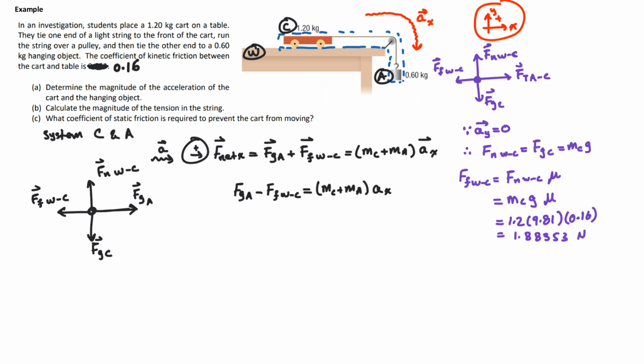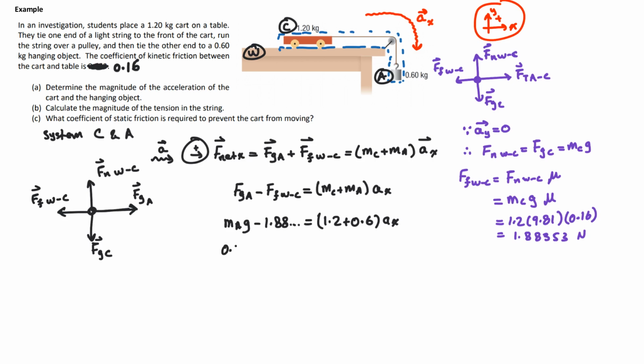I can go ahead and plug in all the information. For force of gravity for A, that's going to equal the mass of A multiplied by G, minus the force of friction. I'll use the exact value on my calculator. MC's value is 1.2, MA is 0.6, times the acceleration.